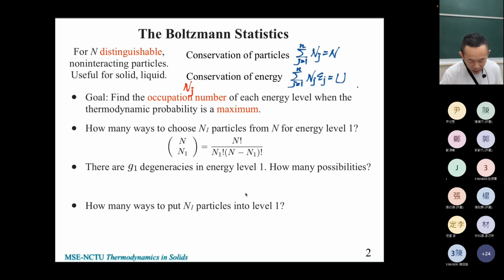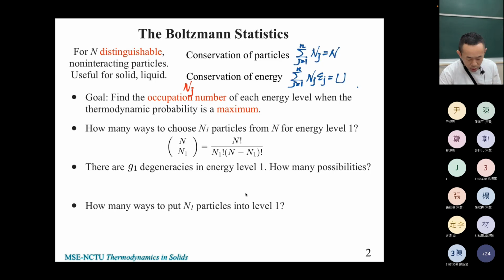You have N1, N2, N3, N4 until Nn, and we want the set of all the N that makes that state have the maximum possibility to be present in the world. That's what we are going to determine.